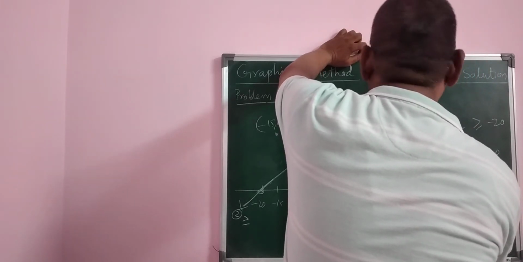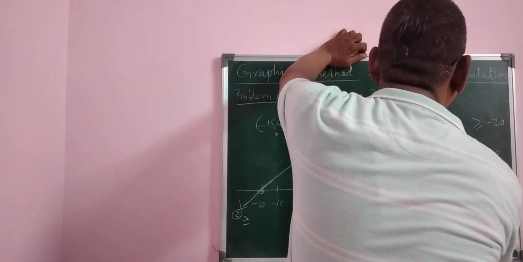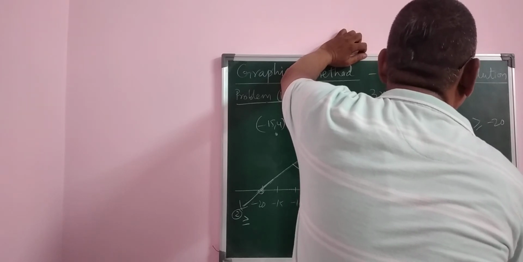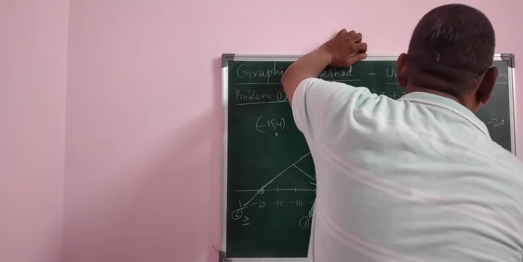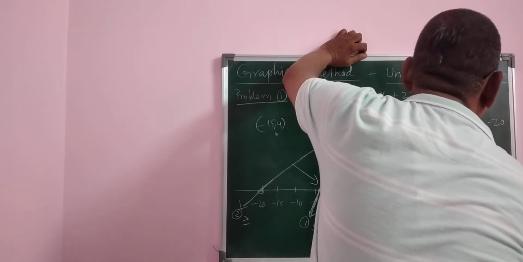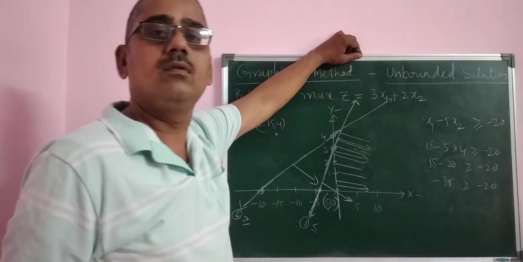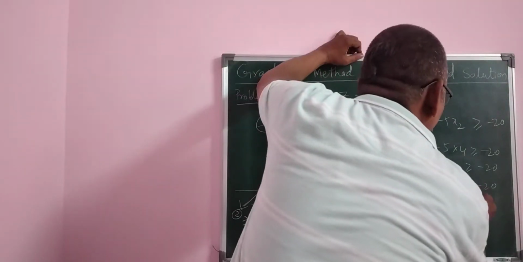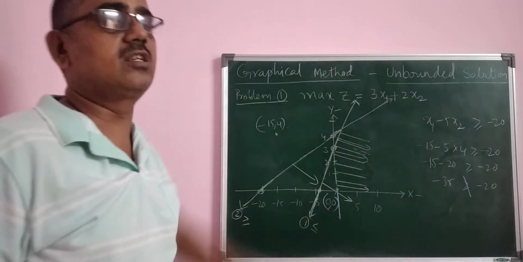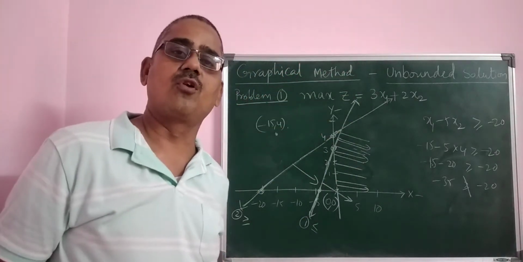Minus 15 minus 20 is minus 35. Is minus 35 greater than or equal to minus 20? No. Minus 35 is not greater than or equal to minus 20. It is a lesser value.